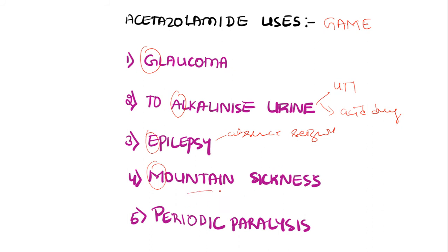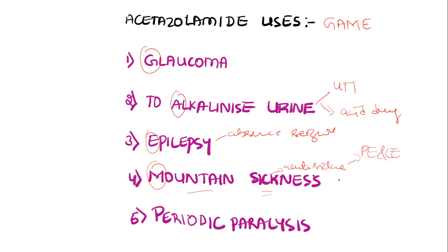And in mountain sickness, due to rapid ascent to high altitude, some individuals will develop headache, nausea, giddiness, weakness, and insomnia, which may last for 1 to 2 weeks. The subjects will develop acute mountain sickness. Why do they develop it? Due to pulmonary edema as well as cerebral edema.